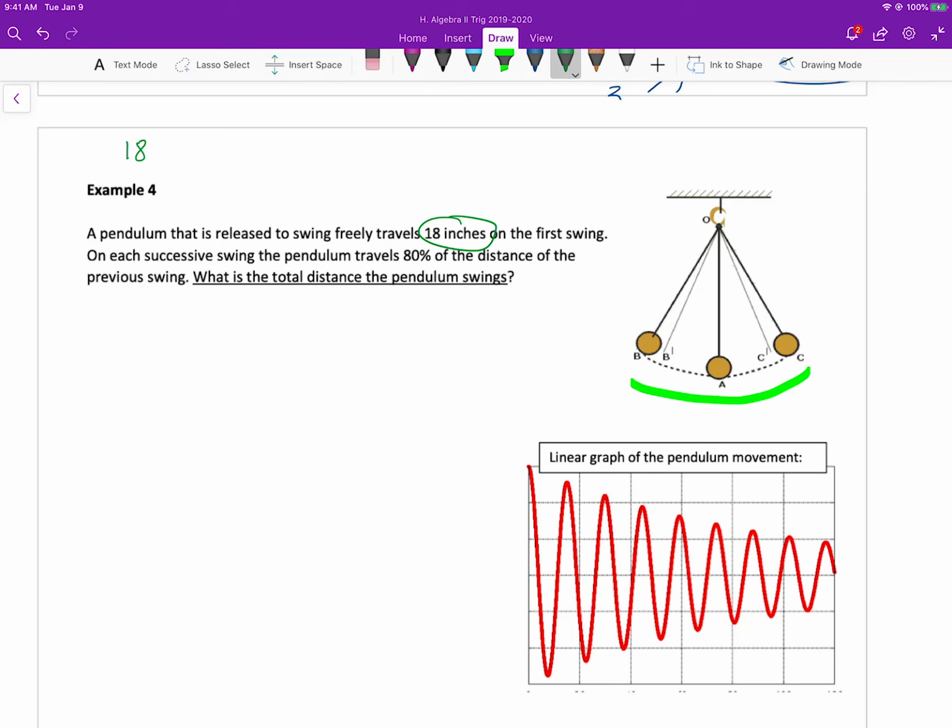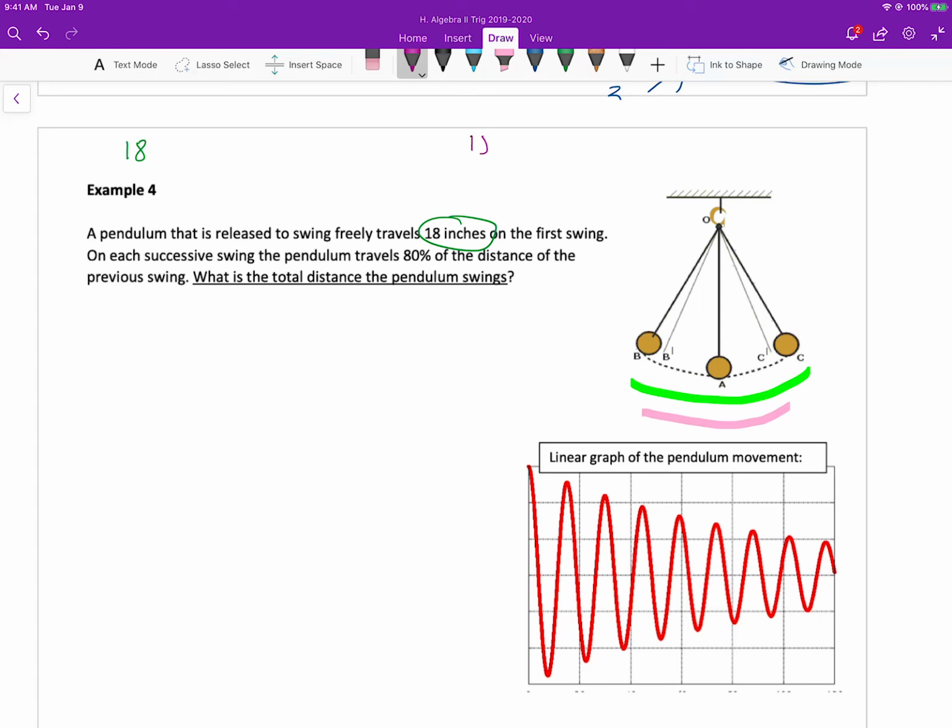And then it says our second swing is going to be 80% of the first swing because it's getting smaller every time. So 18 inches times 80%, so that's 0.8, will give us our distance for the second swing, and that's 14.4. I just put that in on a calculator.